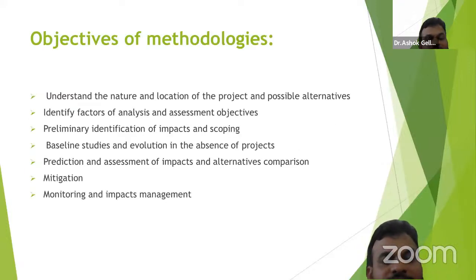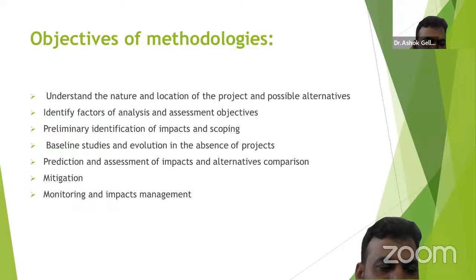Next, objectives of the methodologies. There are many objectives. One is to understand the nature and location of the project and possible alternatives, and the surroundings of the particular location.